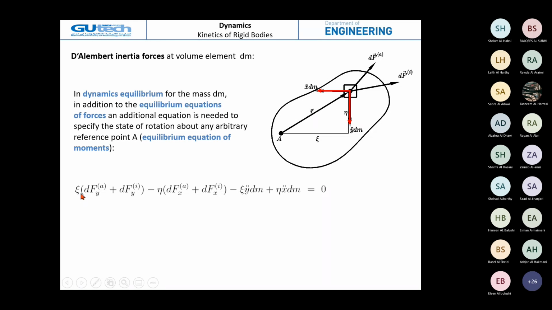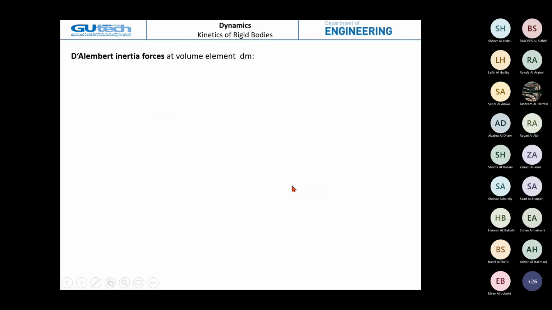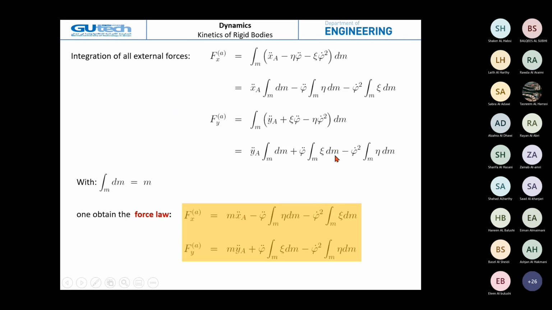Then we have the lever arm multiplied by the sum of the forces, external and internal, in the x and y directions. Additionally, we have these two terms, and this is due to this one.